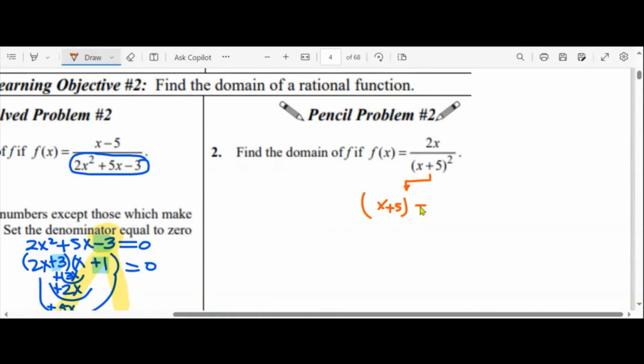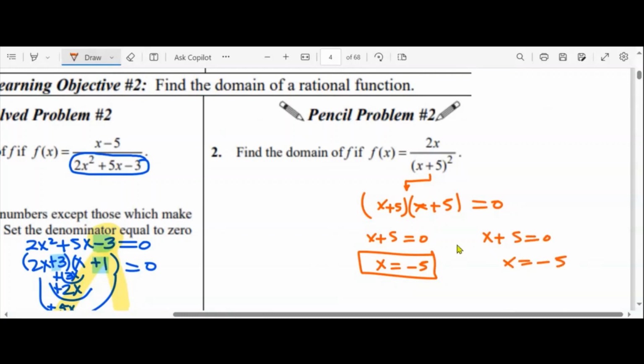X plus 5, right? X plus 5, correct? Equal what? So that means x plus 5 equal what? X equal how much? Minus 5. Of course, it's repeated again, so there is no point in writing it again. The other bracket is not minus, because both of them are the same.